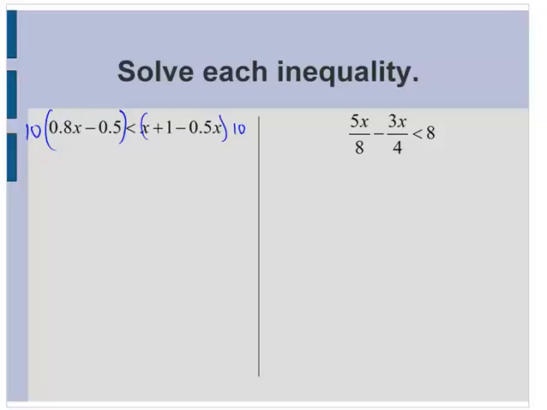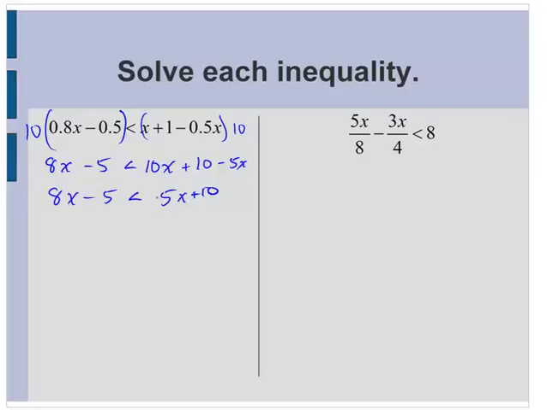And since I'm multiplying by a positive number, I do not need to flip the symbol of inequality. This would yield 8x minus 5 is less than 10x plus 10 minus 5x. Combining like terms on the right-hand side, I'd have 8x minus 5 is less than 5x plus 10.